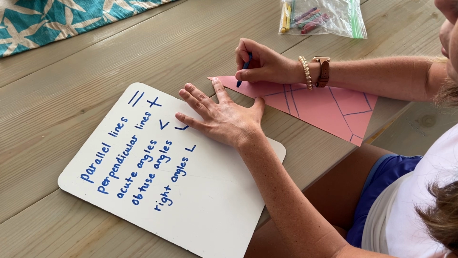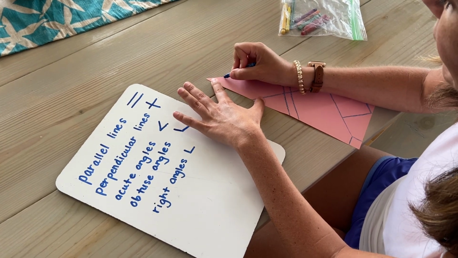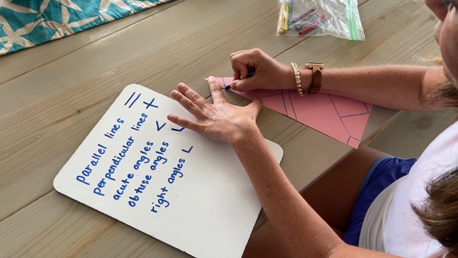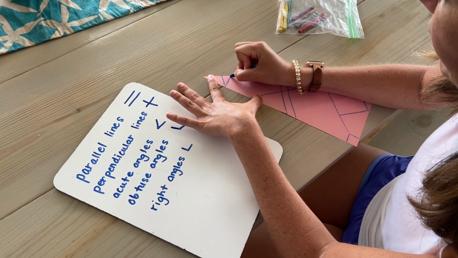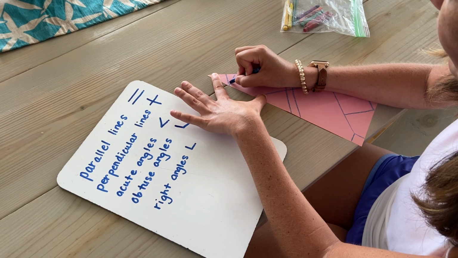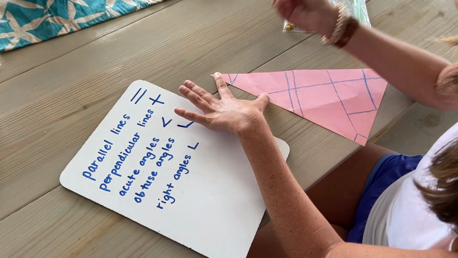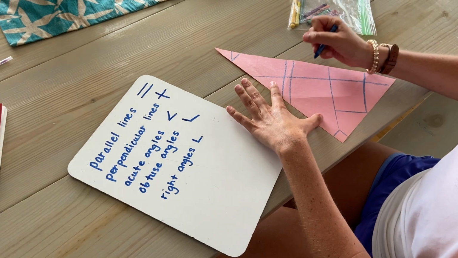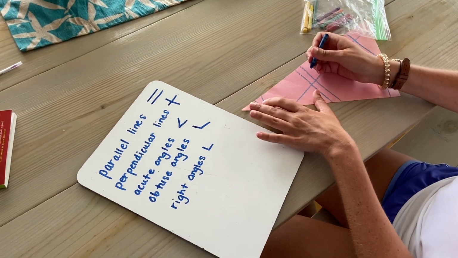And then I might make an acute angle, so a small angle, smaller than 90 degrees. So I'm going to make like a tiny little triangle over here. And then my right angle, I can put that anywhere. Let's see.